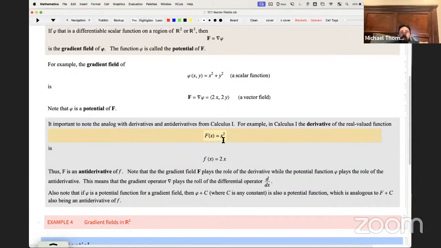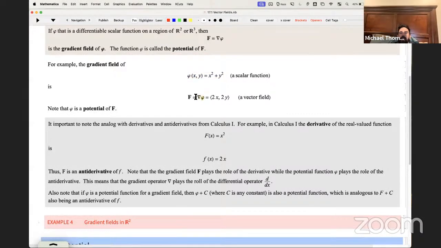These are both real valued functions of one variable. So essentially, here we're taking the same idea, but including an extra variable. So instead of having a function of one variable, now we have a function of two variables. And instead of differentiating to get this, we're going to take the gradient operator, which is a kind of way of differentiating, right?